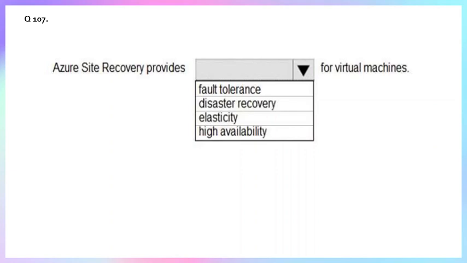Some people get confused between disaster recovery and fault tolerance, because fault tolerance usually refers to hardware and software systems designed to work continuously even after failure. Whereas disaster recovery is where we can recover if the physical machines are down. So the correct answer is disaster recovery.